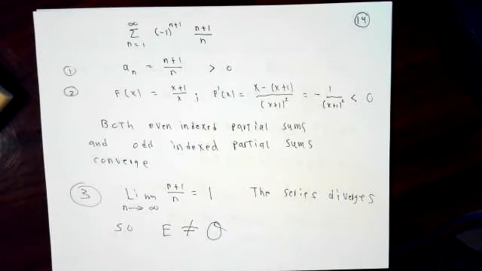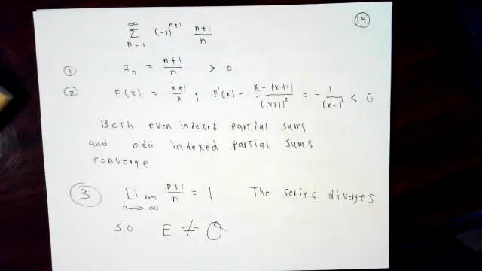In view of what we've said before, though, the even index partial sums converge to something, and the odd indexed partial sums converge to something also. If you remember where this limit came from, it was the limit of, on one side, s_{k+1} minus s_k in absolute value, and one of the terms out of the series on the other one.